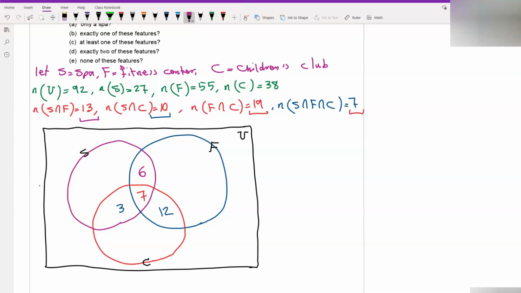Now we have to find the remainder for F. So for F, here in total we have 7 plus 6 plus 12, that is 25, but we should have 55. I'm going to write that part here to explain. So for F, we had 6 plus 7 plus 12, and it should have something else here.